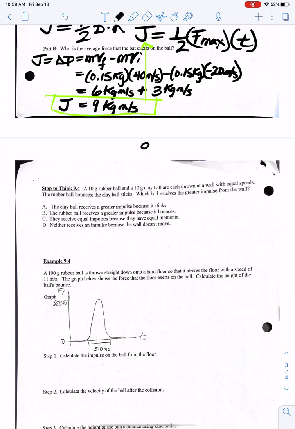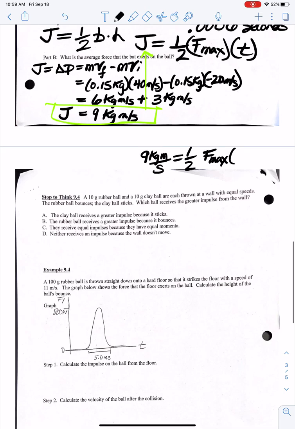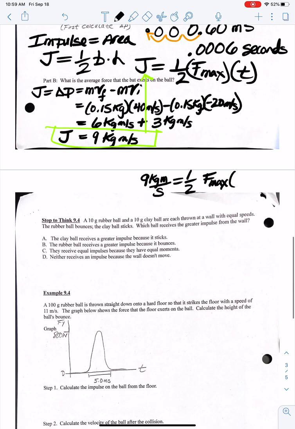So we're saying that 9 is equal to 1/2 F max, which is what we want to know, times that time, which was 0.0006 seconds.